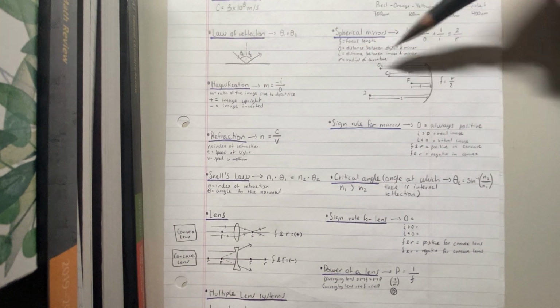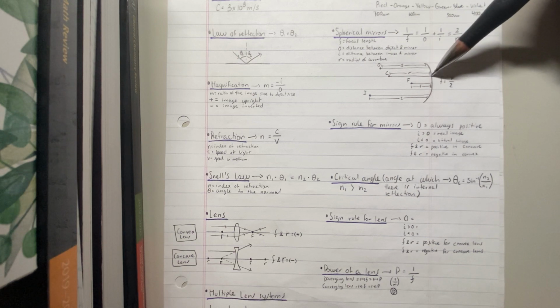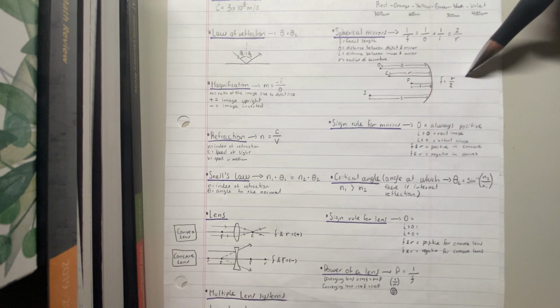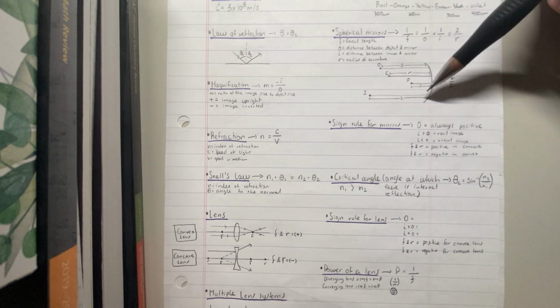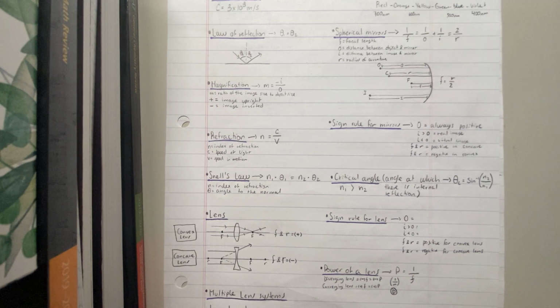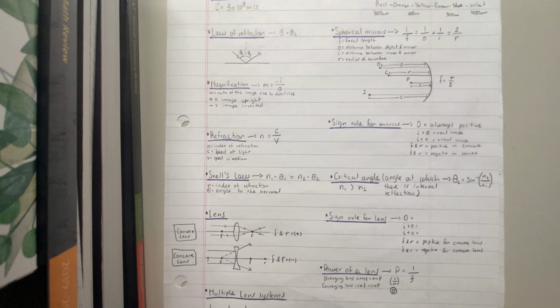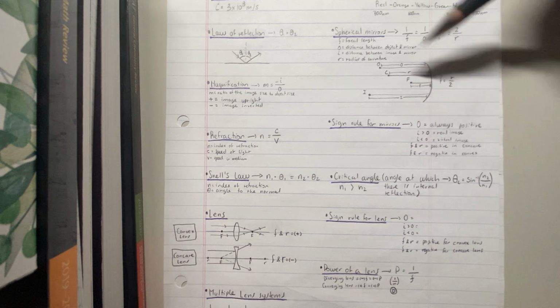So what we know is for mirrors, if we have an image on the back side, it's going to be upright. If we have an image on this side of the mirror, then it's going to be inverted. And then O, we can assume that it's always going to be positive for a mirror.